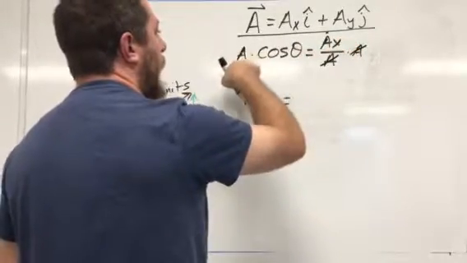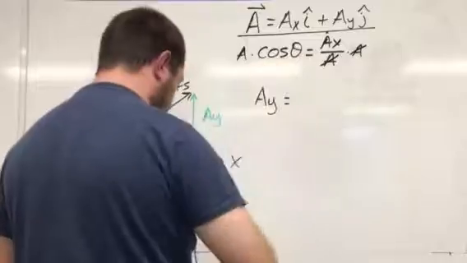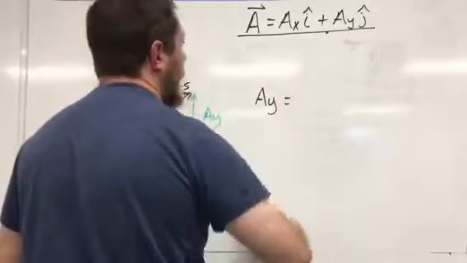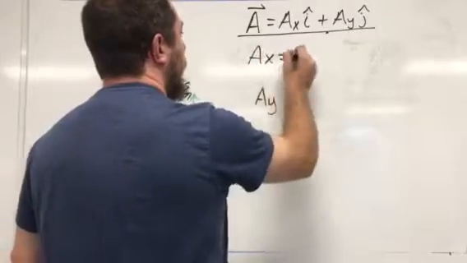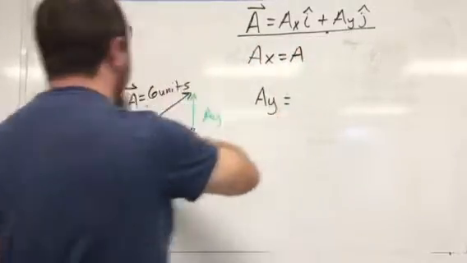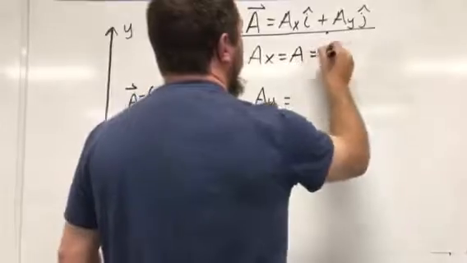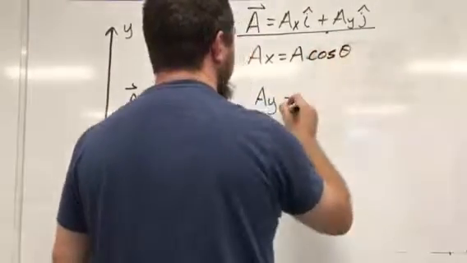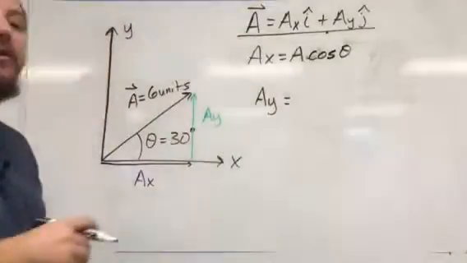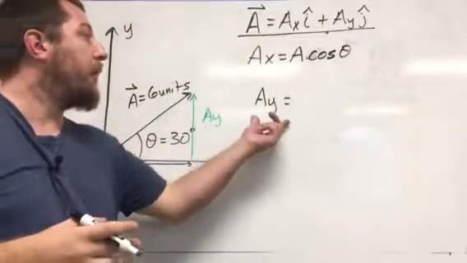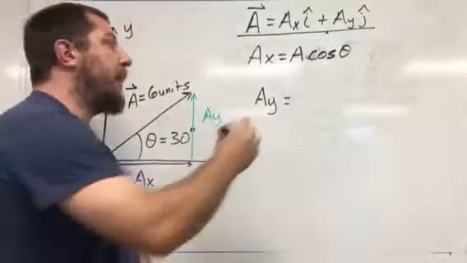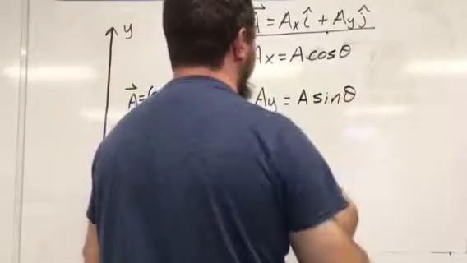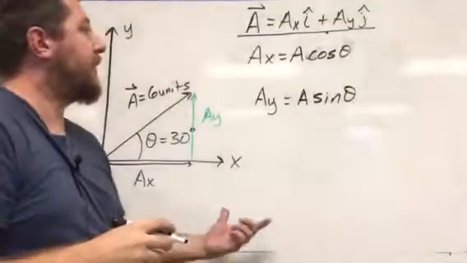AX is equal to the magnitude of A times the cosine of theta. So my x component in this case is going to be found by multiplying the magnitude of A, my 6 units, by the cosine of theta. And similarly, I can do a similar process and show that AY is going to be A times the sine of theta.